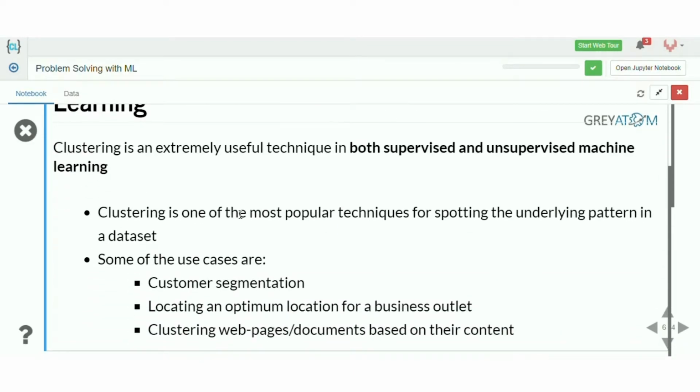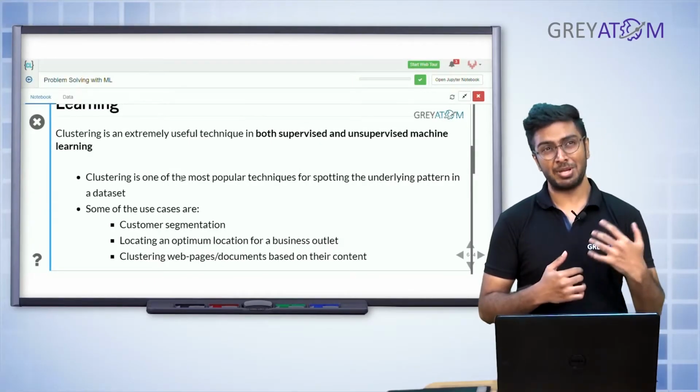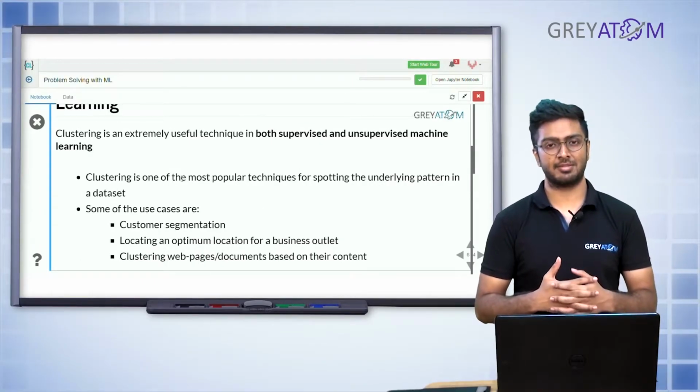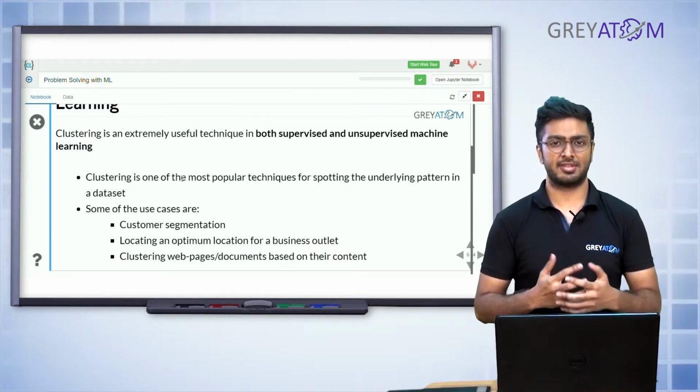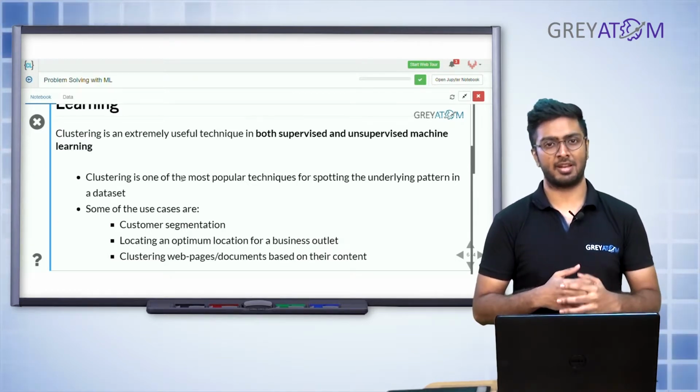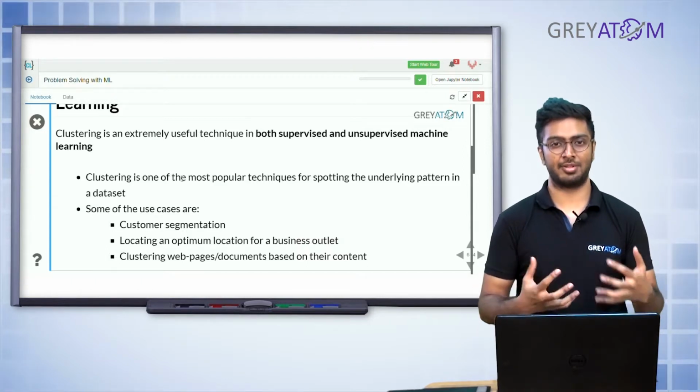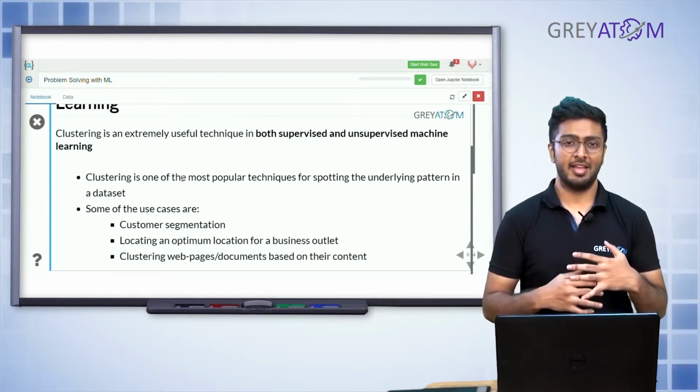So now let's look at some of the use cases of clustering. We understand what clustering is, so let's look at why we would do clustering. One of the major use cases that comes to the top of my mind is marketing segmentation. Say you are a bank or a product company and you have a new thing coming out.